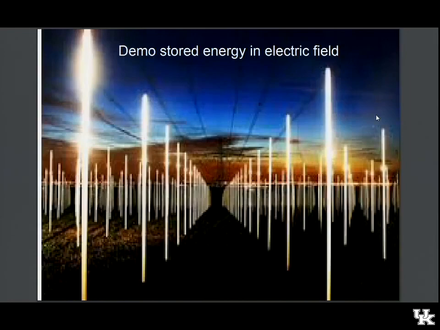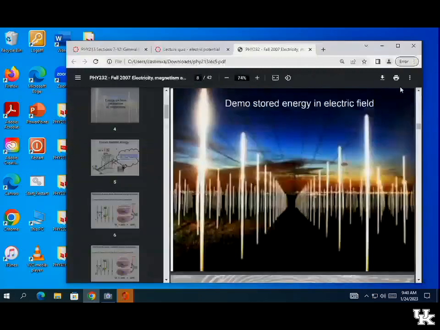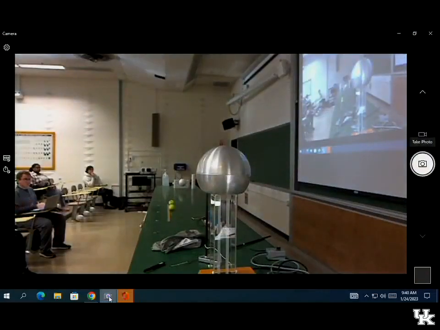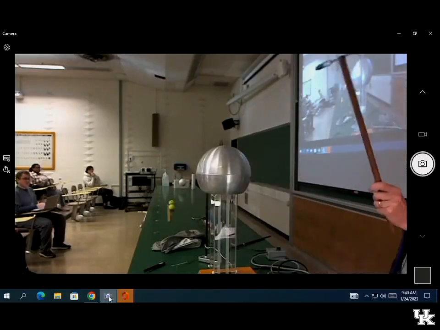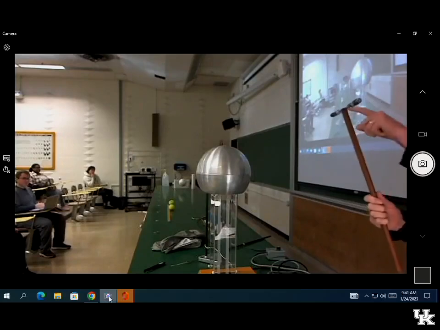I'm going to put the camera on. So on this stick here is a neon lamp.